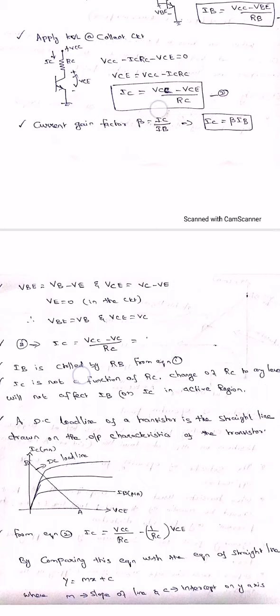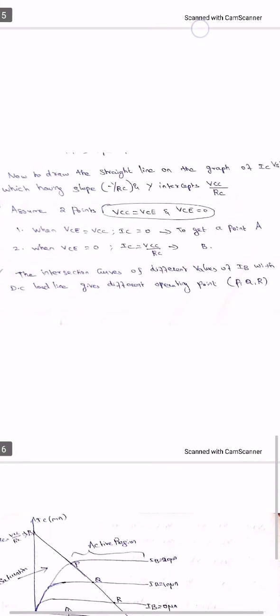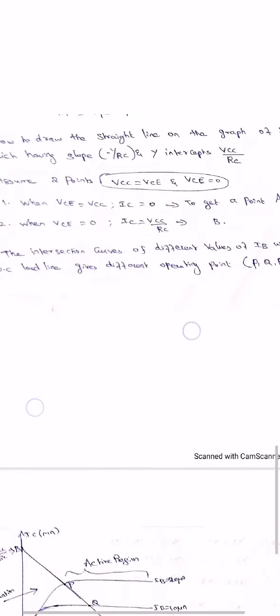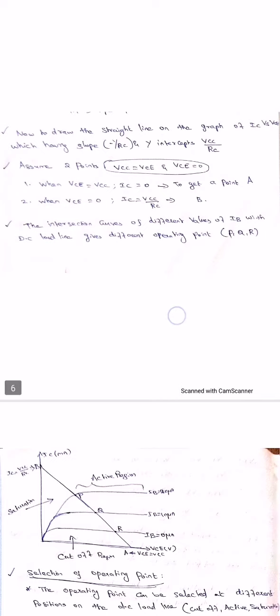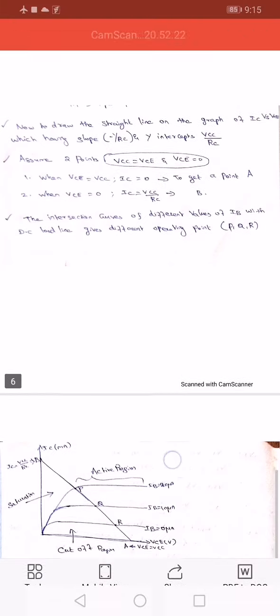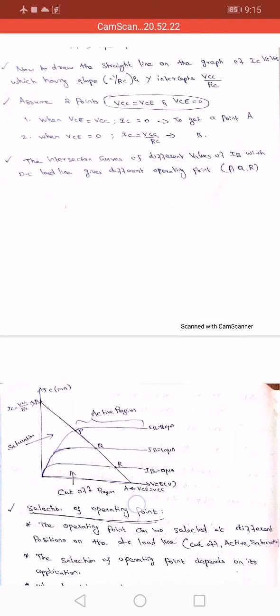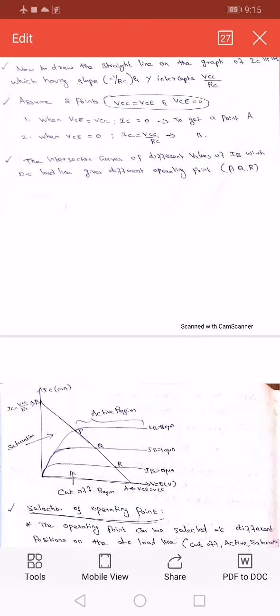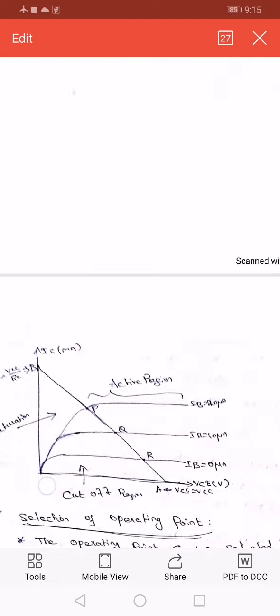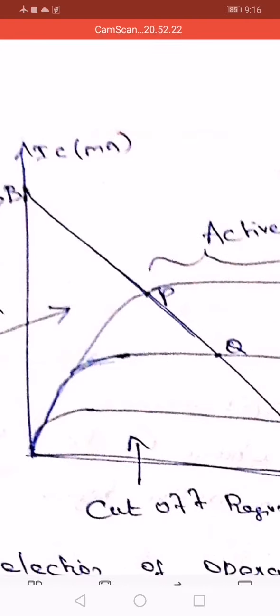From that answer, we get a point A, where the collector current is 0.